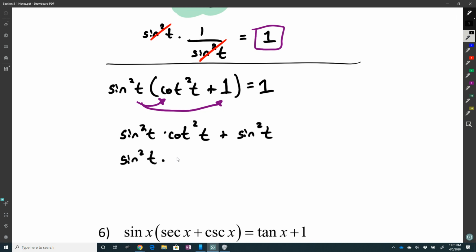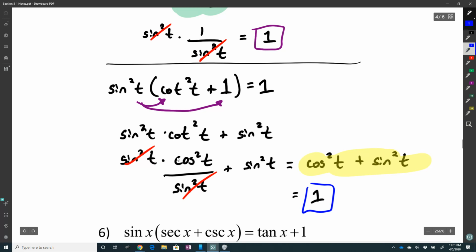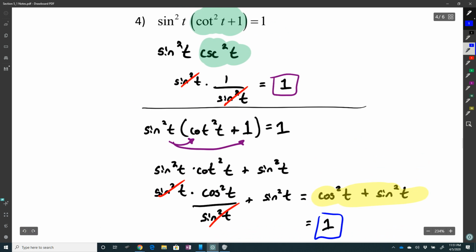Cotangent is just cosine over sine squared. The sine squareds cancel. And we're left with cosine squared t plus sine squared t. And then again, that is going to give you 1. Okay, so I did it both ways, and either way is correct. That's why when we're doing these proofs, I'm going to be grading a lot of these, not the homework.